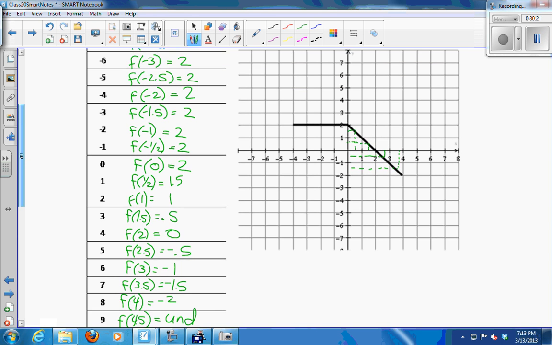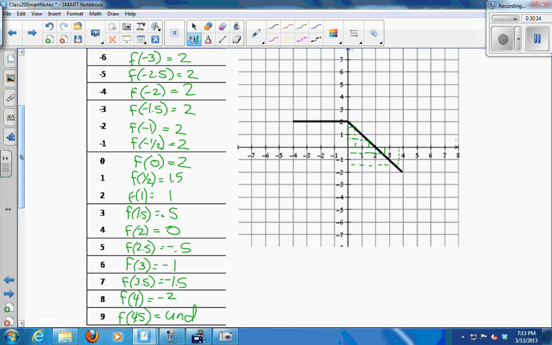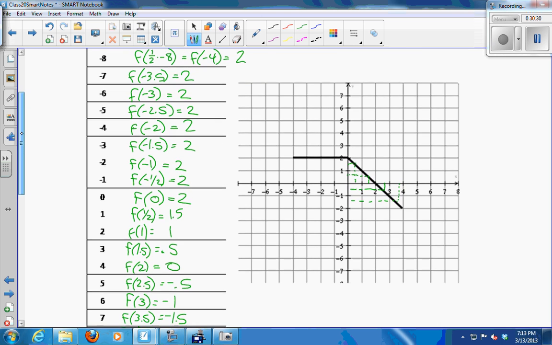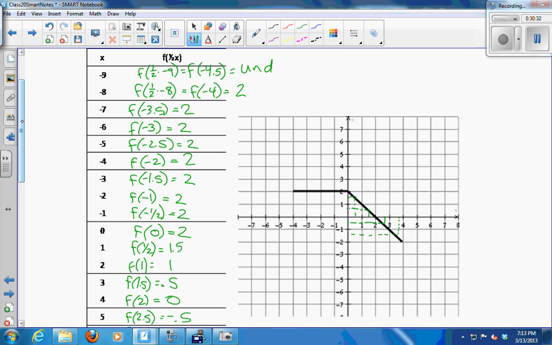So for my function f, the only values I could plug in were from -4 to 4. But now, because I'm going to take half of the x value before I apply the rule f, now I can plug in values from -8 to 8, because I get to half them before I apply the rule. So that's going to make my whole graph longer horizontally.